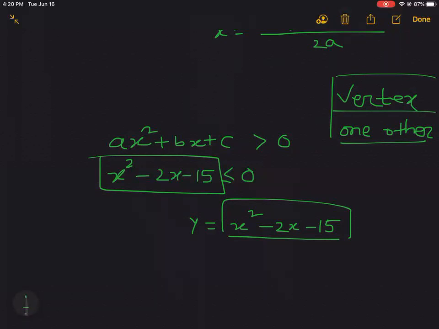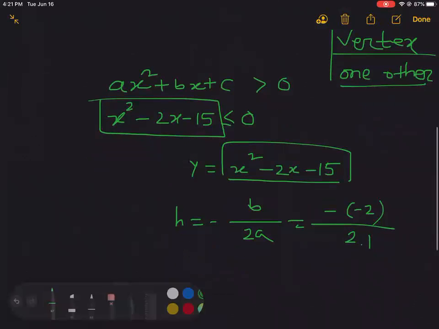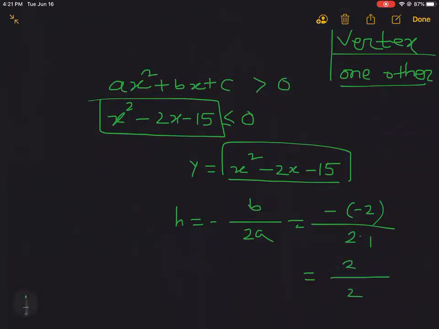Now, where is the vertex? We can calculate it. The formula for that is negative b over 2a, and your value for b is -2, value for a is 1, so it will be 2 over 2, which is 1.